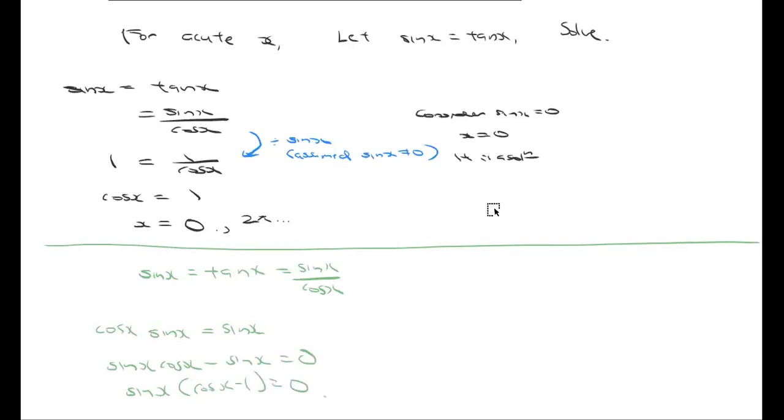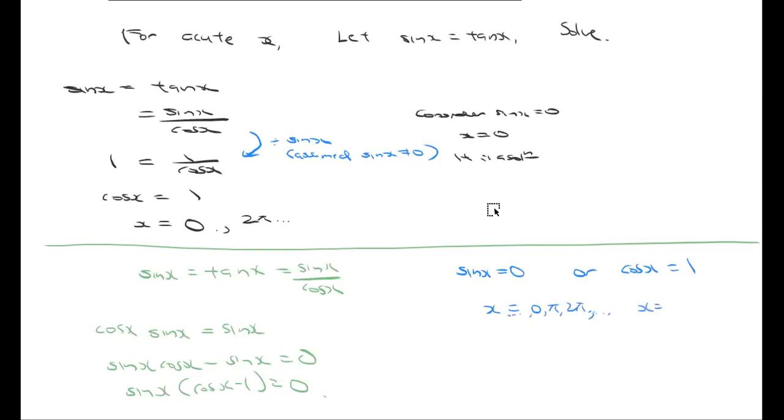Does that make sense? Yeah. So we haven't divided. We haven't made any assumptions, which then allows me to conclude that for this to be true, sin x equals 0 or cos x minus 1 equals 0, or cos x equals 1. And then, of course, I get my answers there. So that's 0, pi, 2 pi, etc., and negative as well if I care.